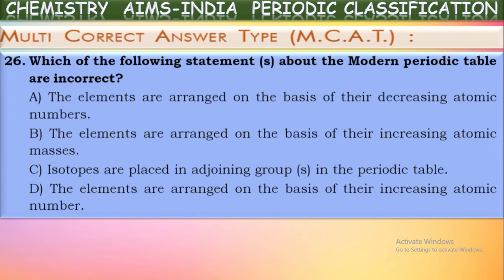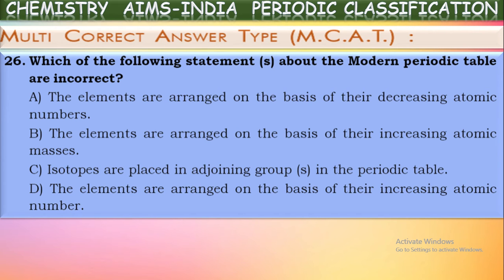So we say modern periodic law: the physical and chemical properties of the elements are periodic functions of their atomic numbers. So elements are arranged in the increasing order of their atomic numbers in the modern periodic table. So except that, the remaining will be incorrect.